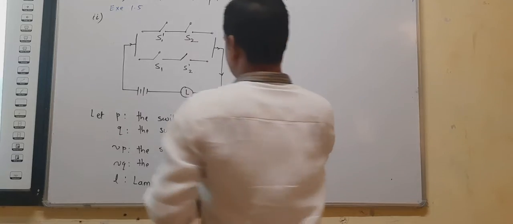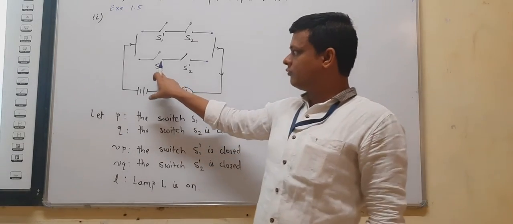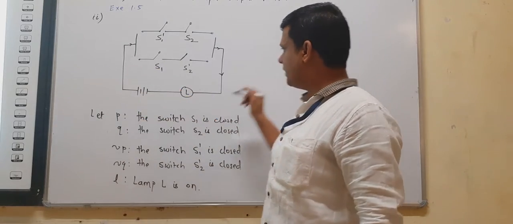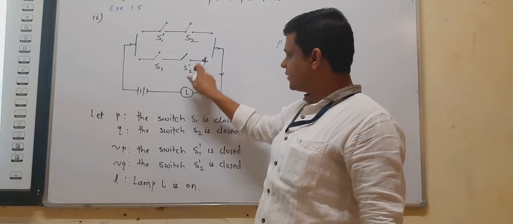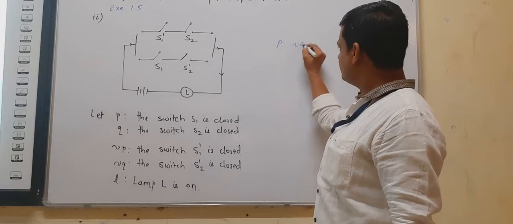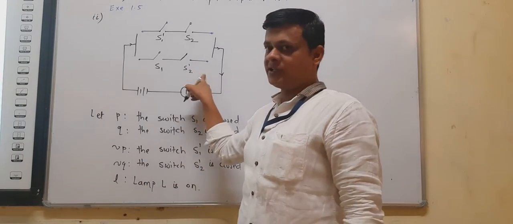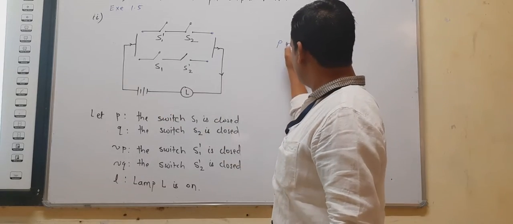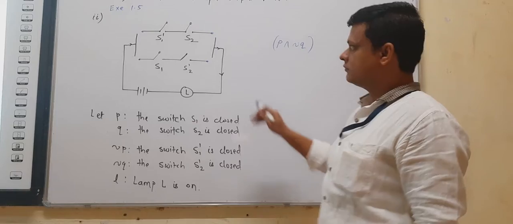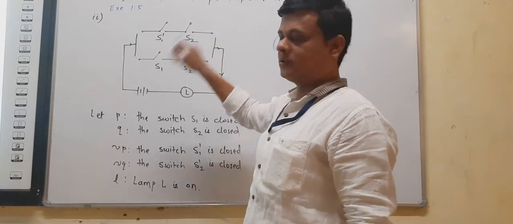See, now we write the symbolic form for this series combination. For S1 we write P. For S2 dash we write negation Q. These two switches are in series combination, so we write AND: P and negation Q. Now come to the next circuit.